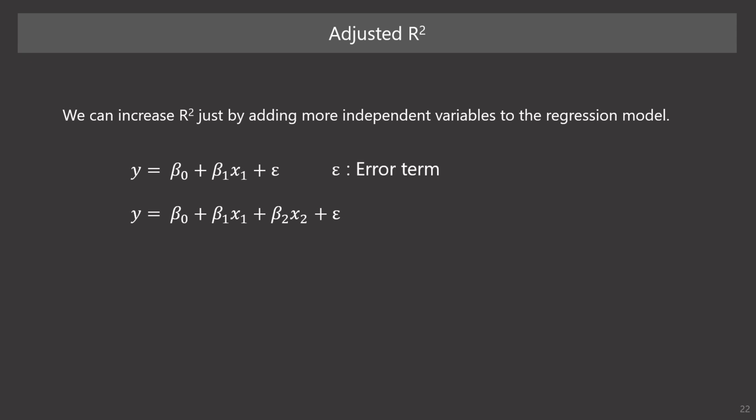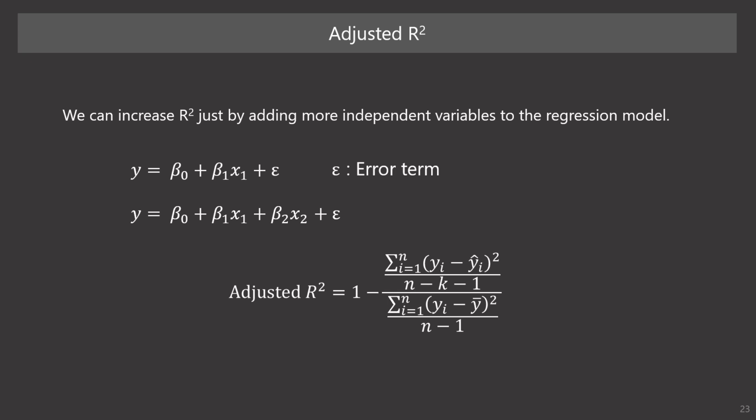So, if x2 has little impact on y but is statistically significant, the residuals will be decreased, and thus the R-squared will increase. In sum, even if some of the independent variables are not important, increasing the number of independent variables increases the R-squared value. It is not a meaningful increase in R-squared.